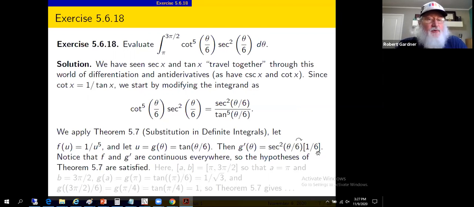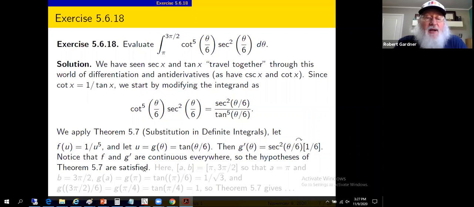Not calculating differentials in this notation, though I do rather prefer the notation where we do calculate differentials, still using the notation of theorem 5.7. But here's what we get for g prime. We've got continuity. Yeah, I know I've definitely gone overboard. I don't know about everywhere, but we've got continuity where we need it between pi and 3 pi halves.